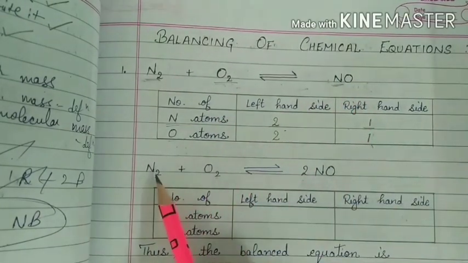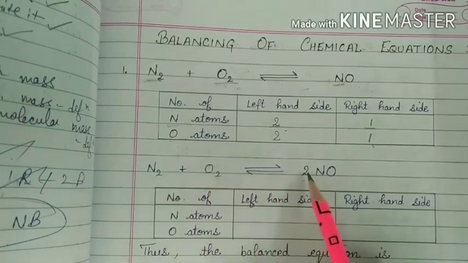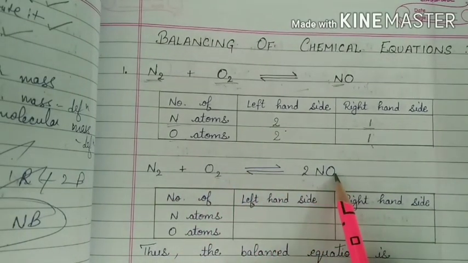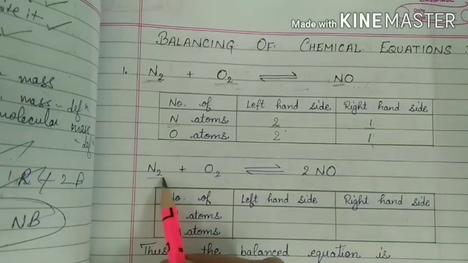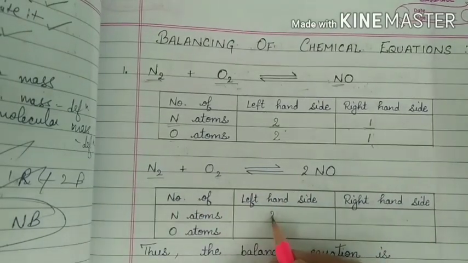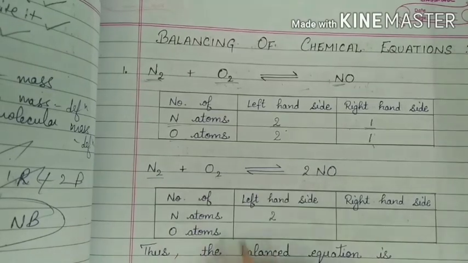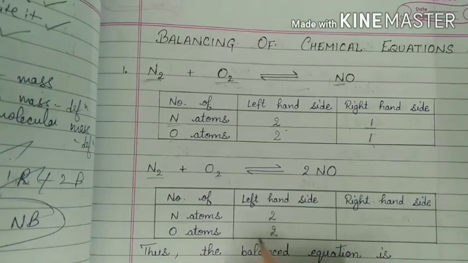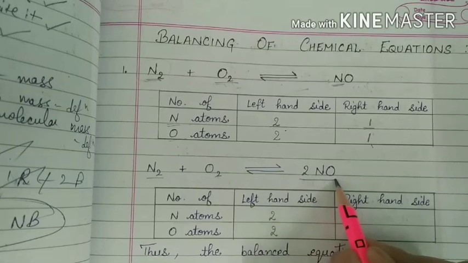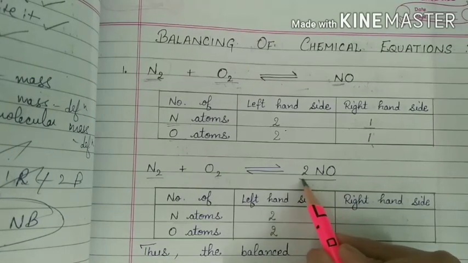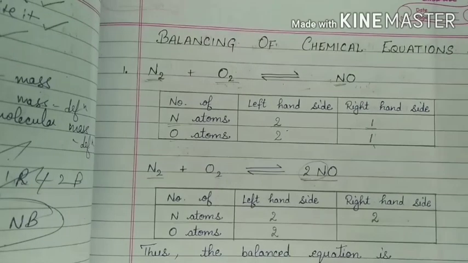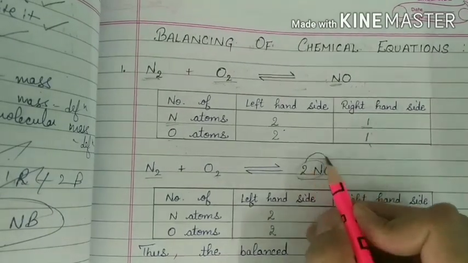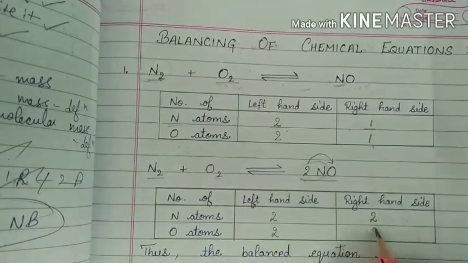So by writing this equation like N2 plus O2 gives 2NO, we have number of oxygen atoms on left hand side equal to 2. Number of oxygen atoms on right hand side is also equal to 2. And number of nitrogen atoms on right hand side is equal to 2.